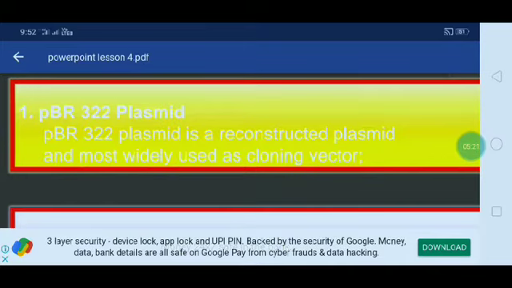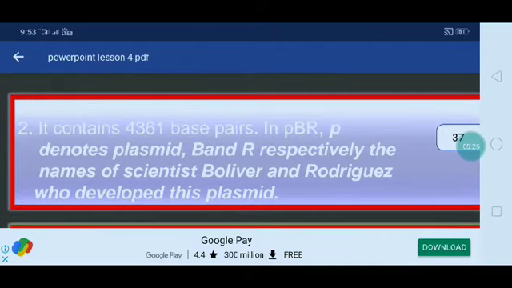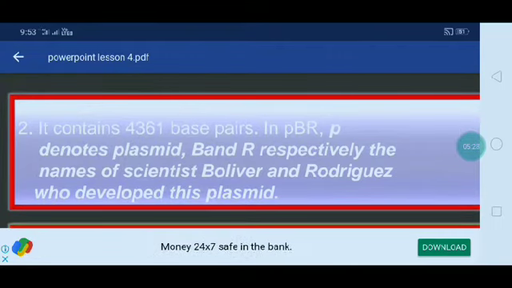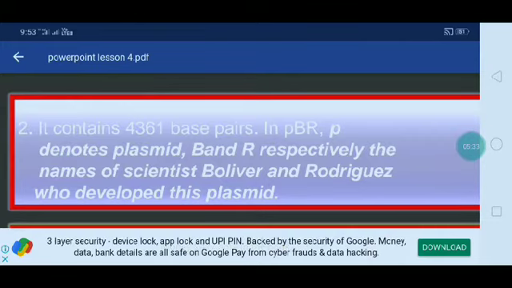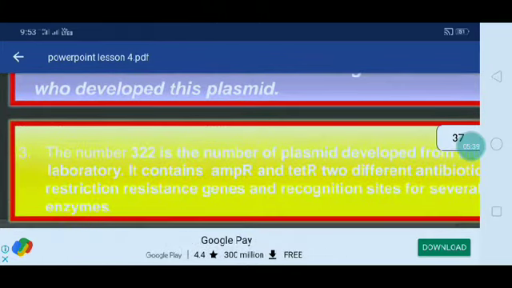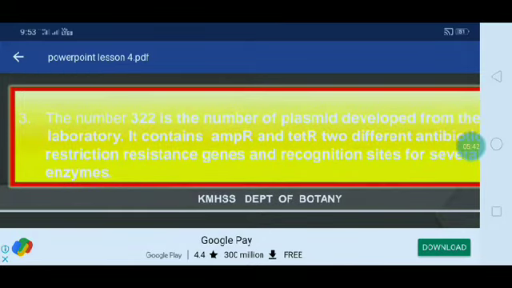The pBR322 plasmid is a reconstructed plasmid, mostly used as a cloning vector. It contains 4361 base pairs. P denotes plasmid, B and R are the names of the scientists Bolivar and Rodriguez who developed this plasmid, and the number 322 is the number of the plasmid developed in the laboratory.